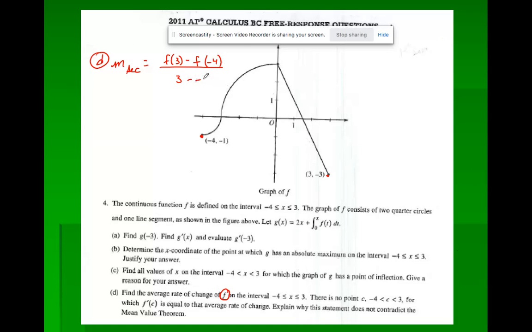And they've given me values to look at. So the average rate of change of the graph I'm looking at is -3 minus -1 over 7. -2/7 is the average rate of change of little f. So check, done that part.